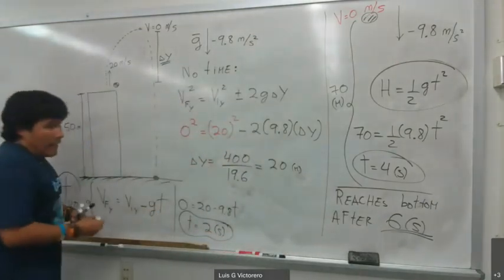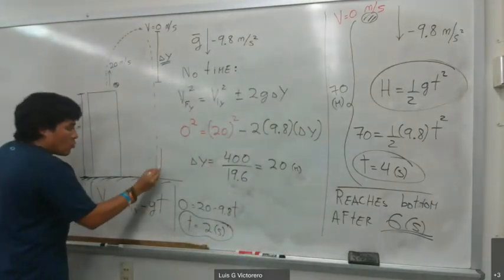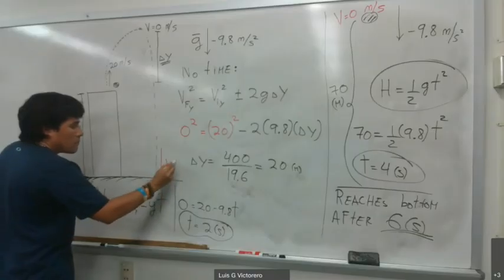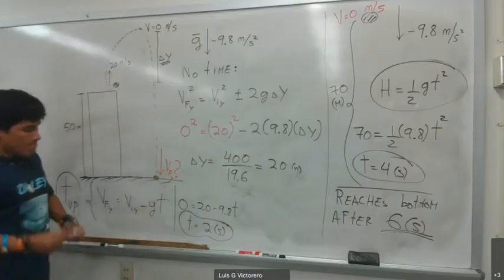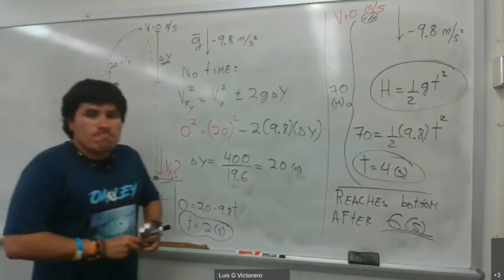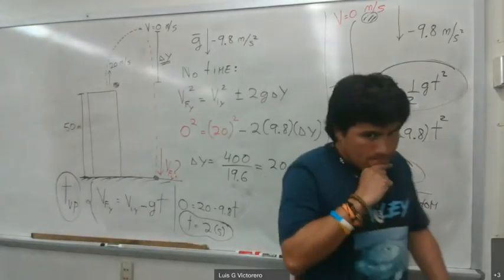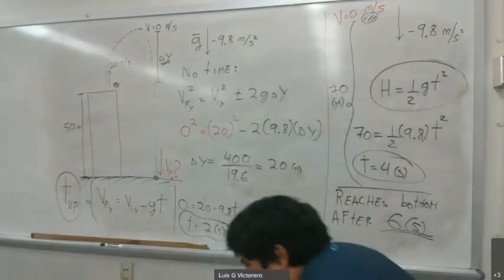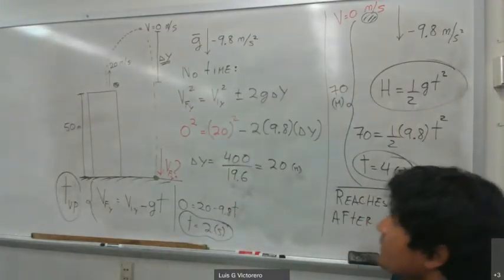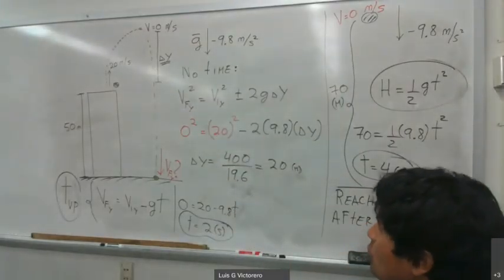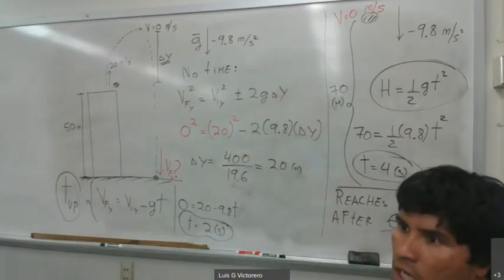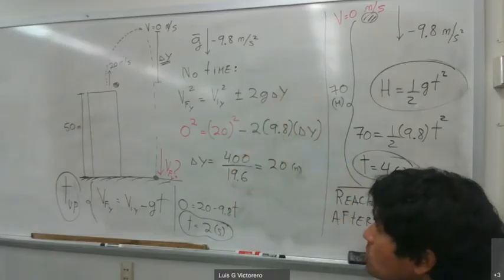So, and again, it's not simple. What's the V final? How will you find the velocity, the speed, as it reaches the ground?